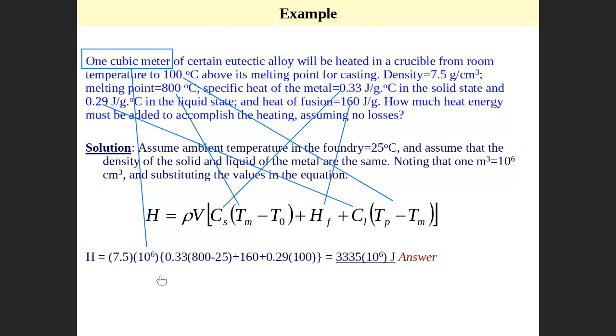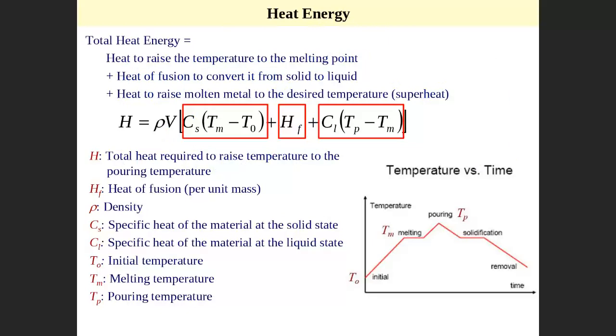Actually, as you can see here, we talk about a eutectic alloy. Eutectic alloy means the alloy will be melted at a constant temperature. If we get back to the equation here, from T0 we increase to TM, and the material will be melted here. Can you see that?